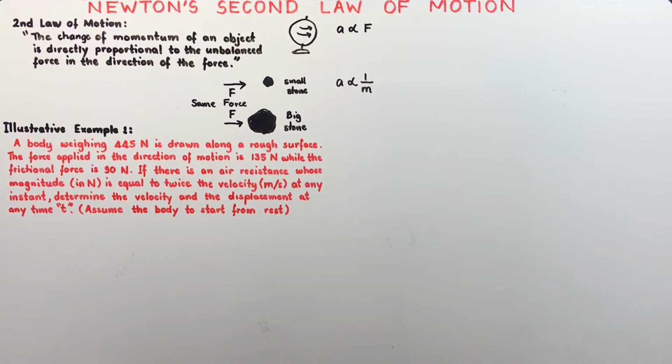Equivalently, the more the acceleration, the lesser the mass, and a lesser acceleration takes place because the object has a greater mass, given that the net force applied to the two objects is the same.